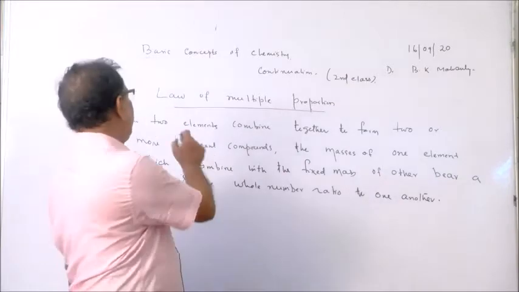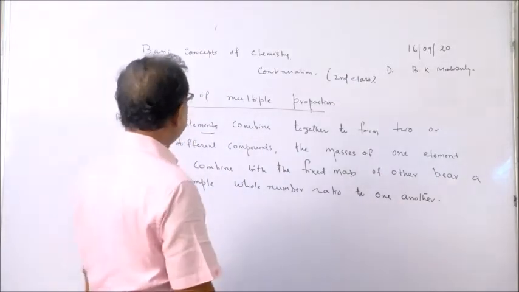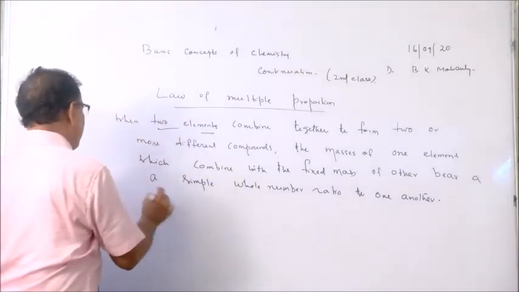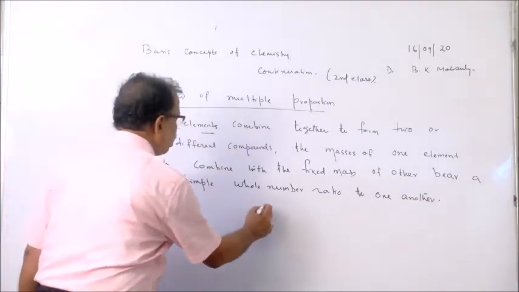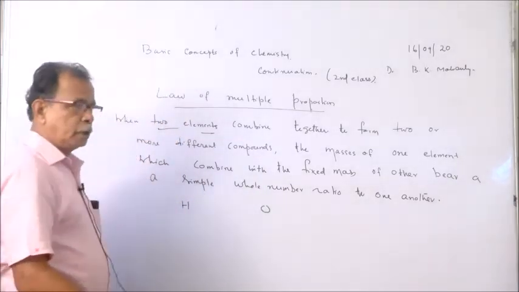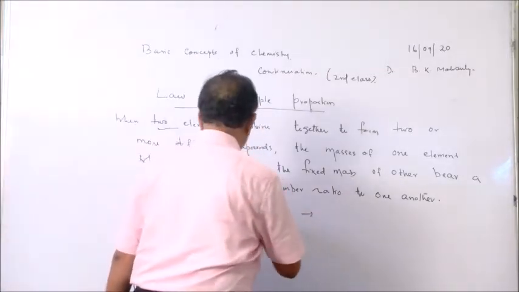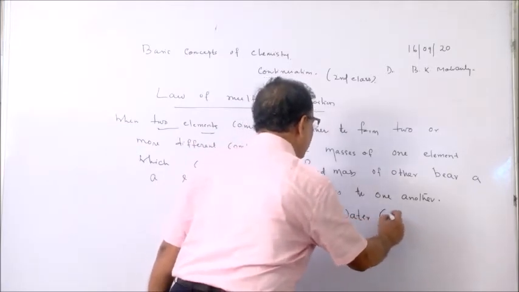Let us take two elements, for example, hydrogen and oxygen. Hydrogen is one element and oxygen is another element. Hydrogen and oxygen form different compounds. For example, they form water, that is formula H2O.